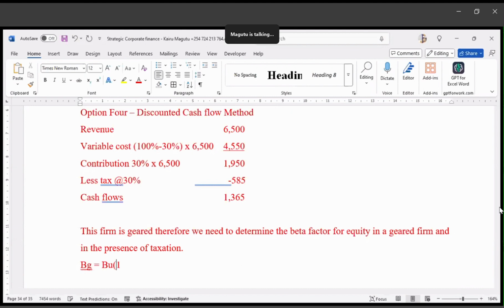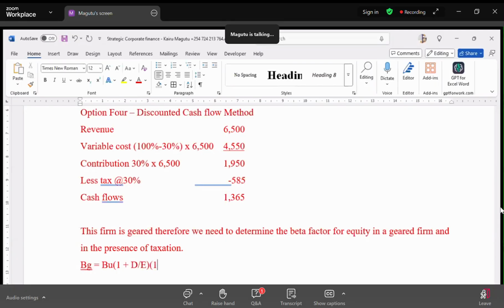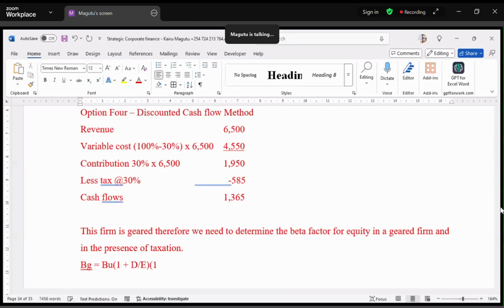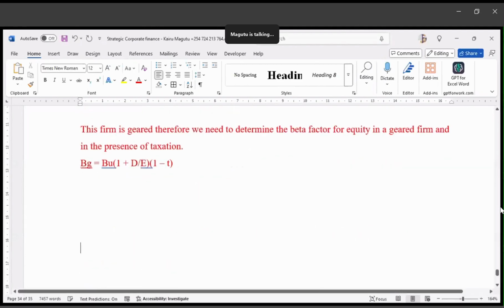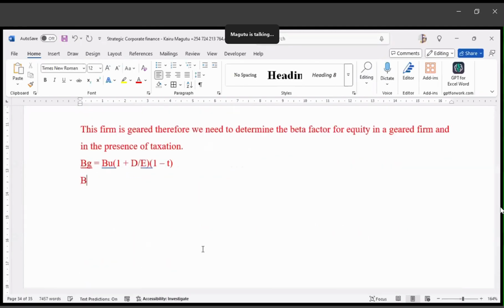So for the beta factor for equity in a geared farm, you multiply by 1 plus debt over equity, you multiply by 1 minus taxation. So we have these variables.